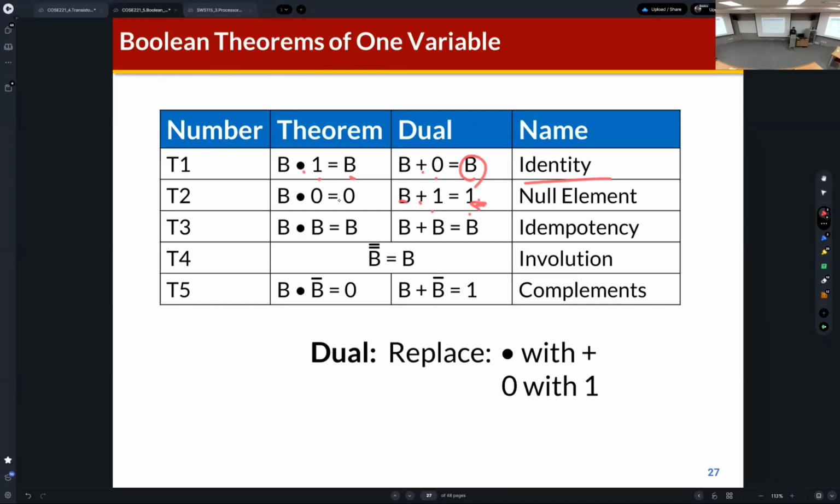That's so easy. So B or B is B, and then B or B bar equals 1. Because if we use B bar, one of these terms will be 1. Okay?